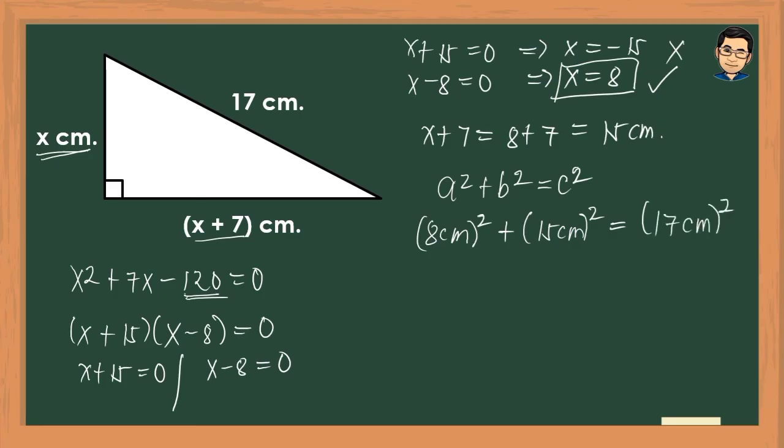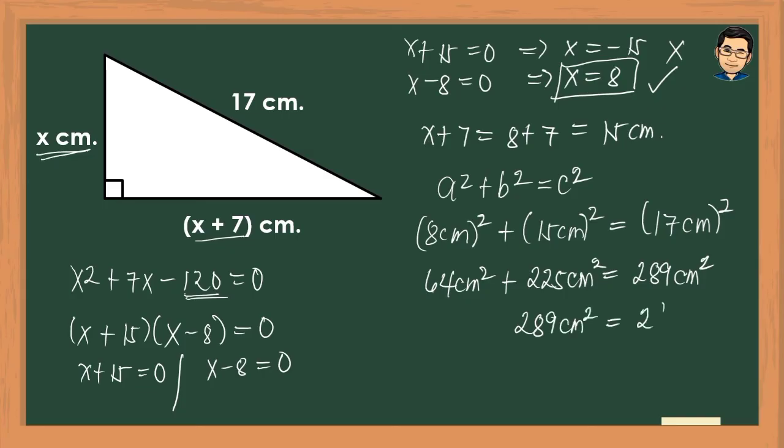So, 8 centimeters times 8 centimeters, that is 64 square centimeters. 15 centimeters times 15 centimeters, that is 225 square centimeters, equals 17 times 17, that is 289 square centimeters. So if we add 64 and 225, that is 289 square centimeters. Ibig sabihin, yung 2 legs po na hinahanap po natin are 8 centimeters and 15 centimeters.